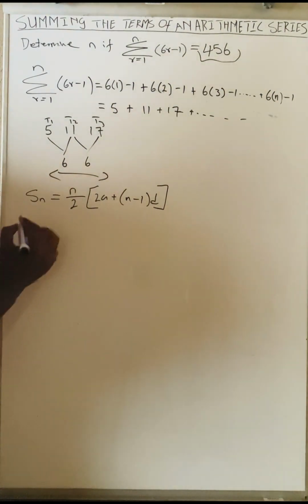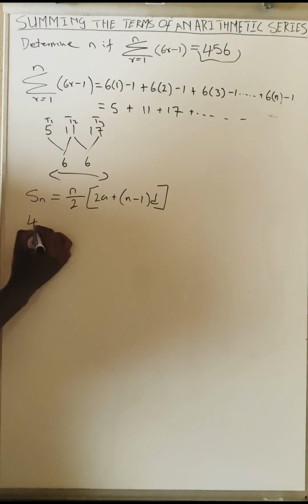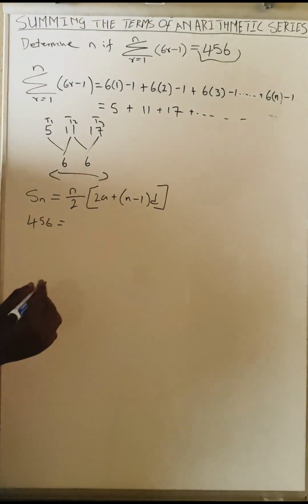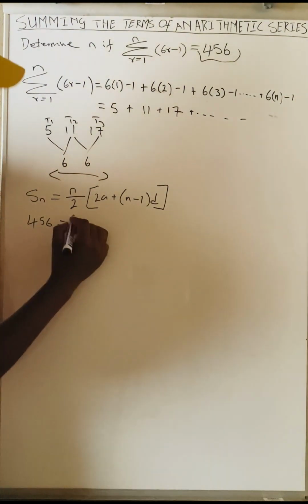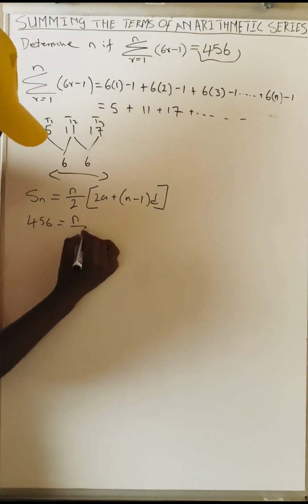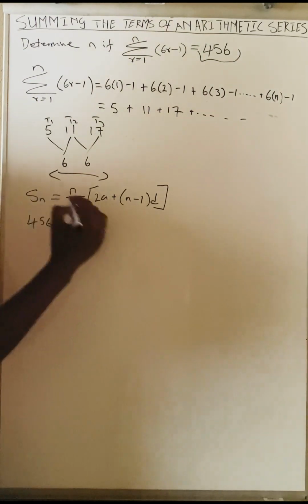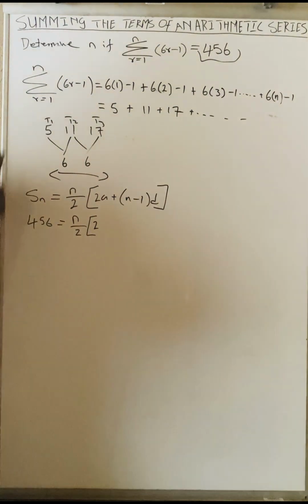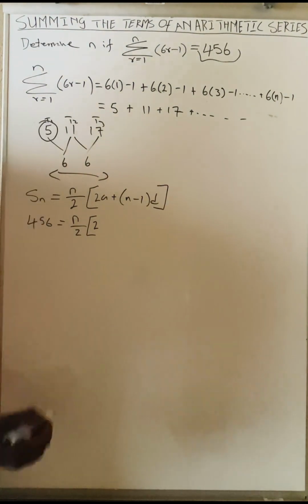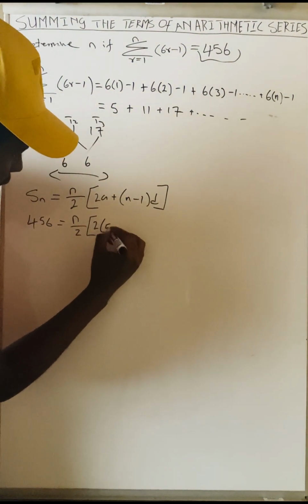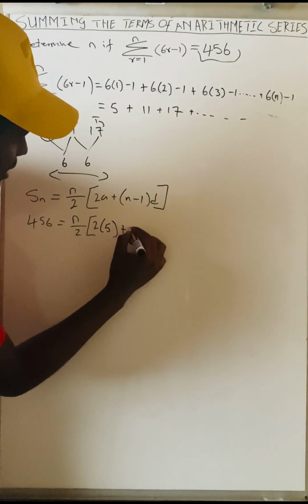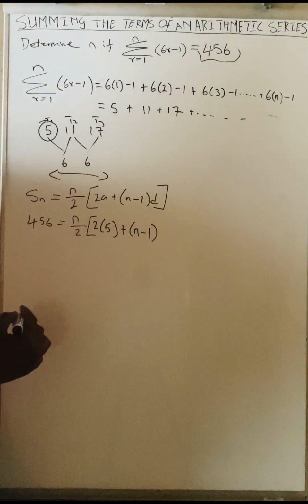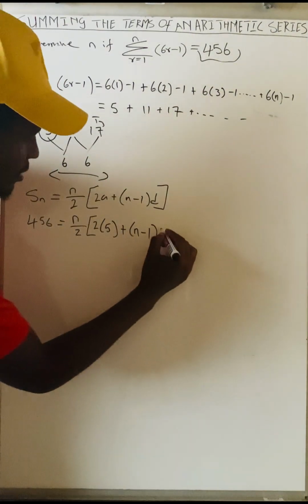You write 456 is equal to n over 2, then 2 times the first term, which is 5, plus n minus 1, close the brackets, times the difference, which is 6.